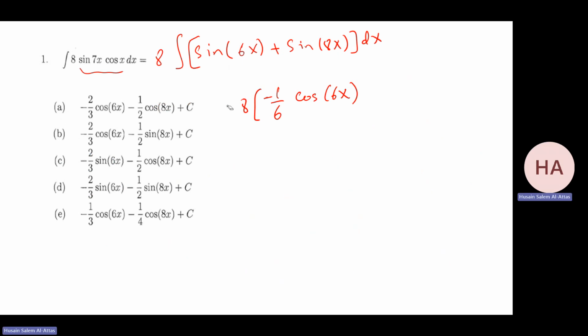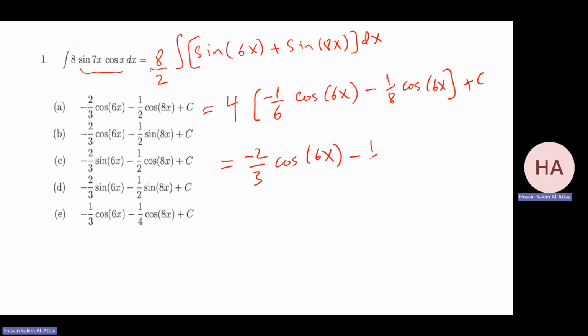I need over 2, and this is 8. This is over 2, so that makes it 4. I need the half, okay, over 2. That will be plus or minus 1 over 8 cosine 6x plus c. So it will be that, minus 2 over 3 cosine 6x, minus half, 8 cosine 8x plus c, which is this one. Yeah, symmetrical. And don't forget over 2.